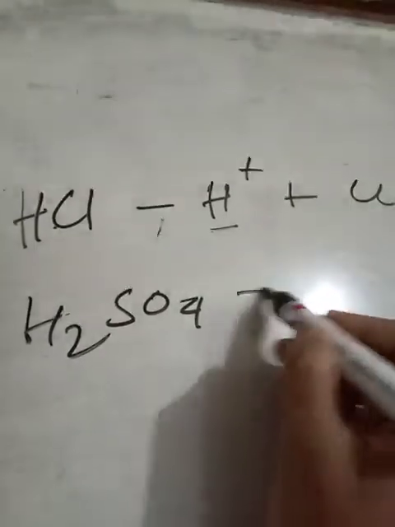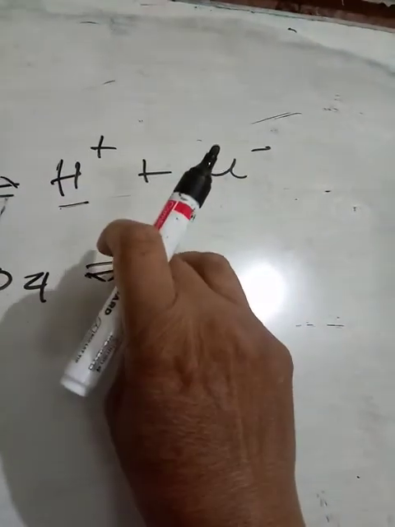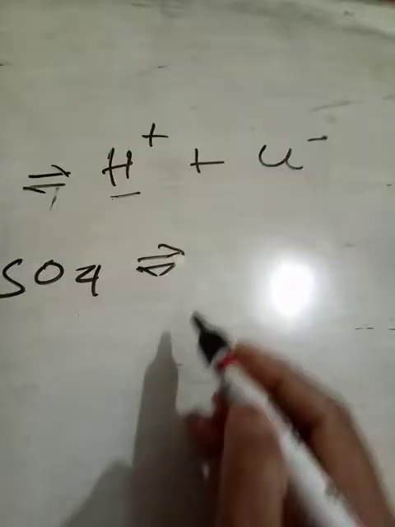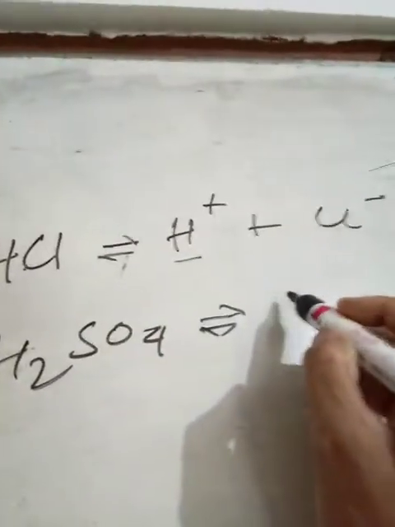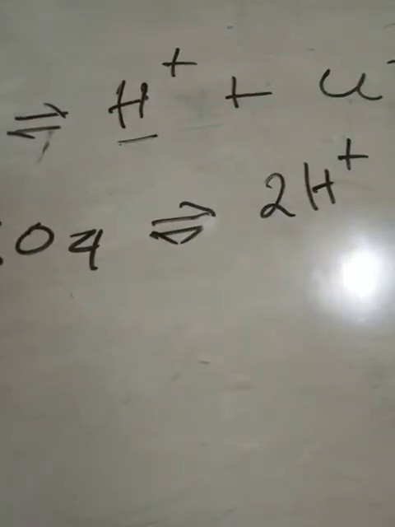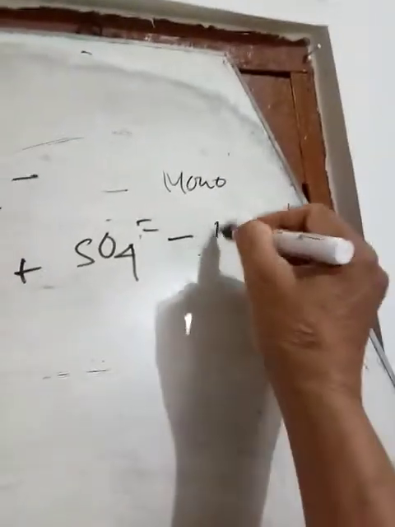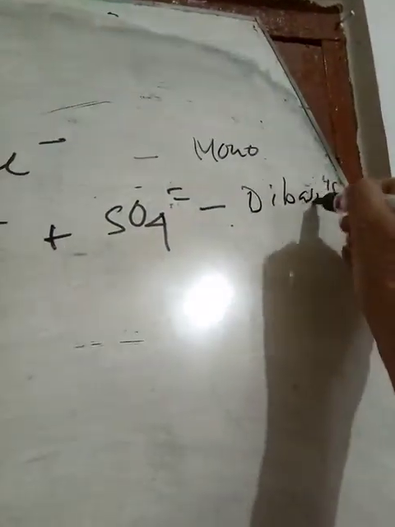H2SO4 is dibasic acid. 1 mole of H2SO4 releases 2 moles of hydrogen ions. So it is dibasic.